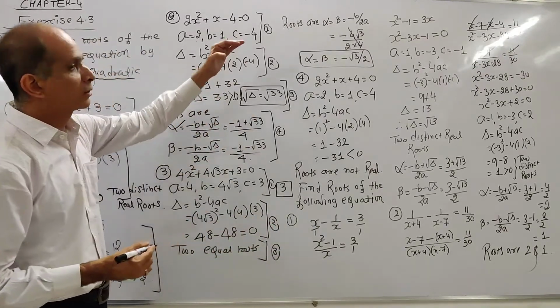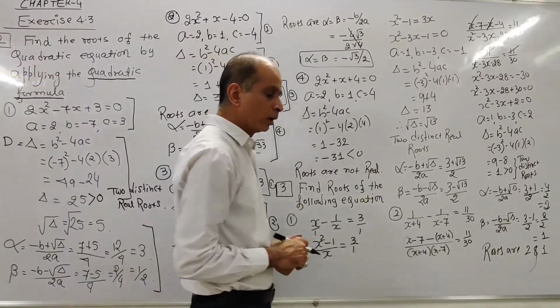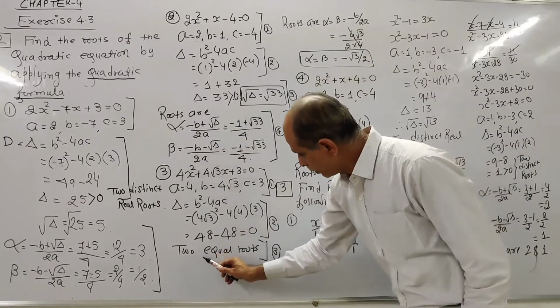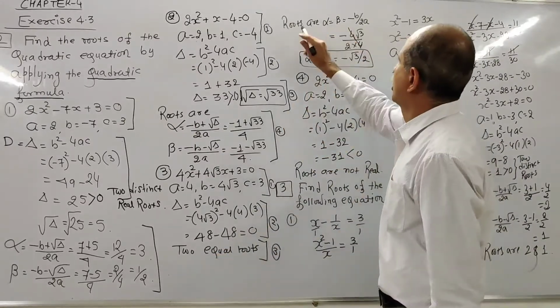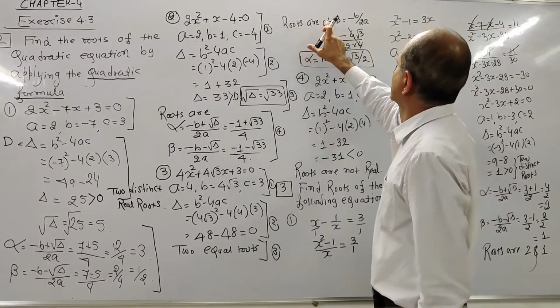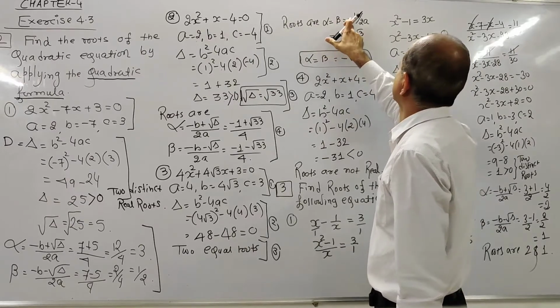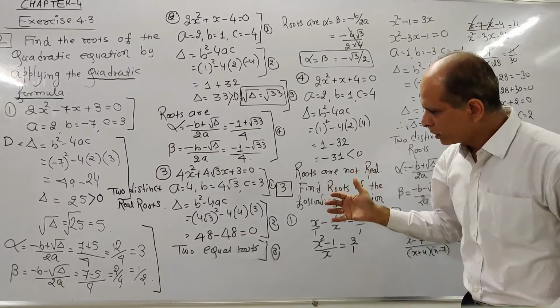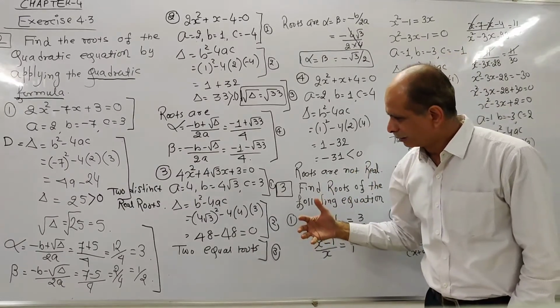And now find out the roots. You know, when 2 equal roots are there, it means the value of roots is alpha is equal to beta is equal to minus b by 2a. Here there is no need to write delta.